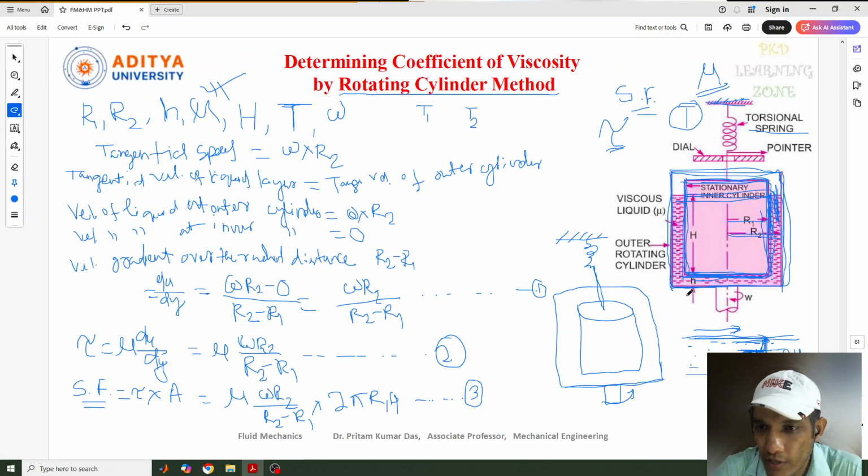Now we need to see the torque which is applied on the inner cylinder, and here we need to calculate the outer cylinder actual torque. Okay, the outer cylinder, what is the torque, we need to identify.